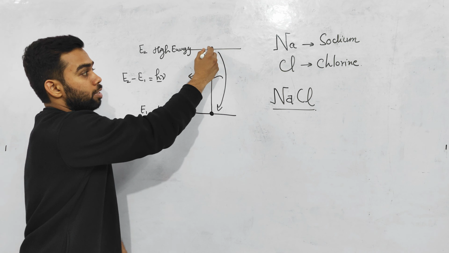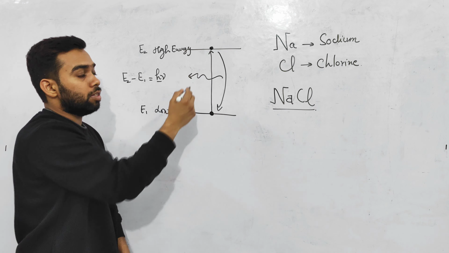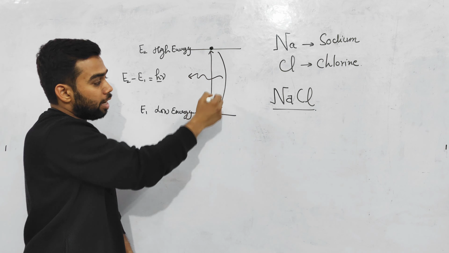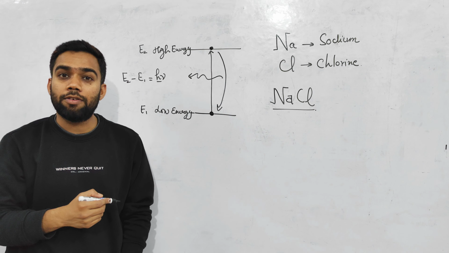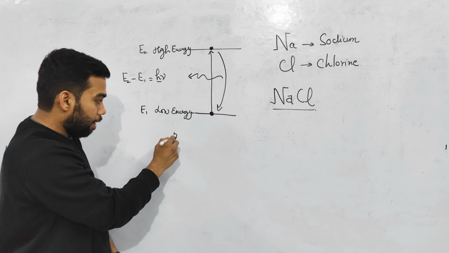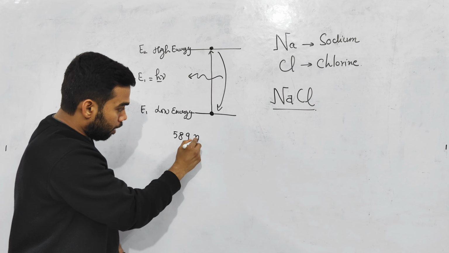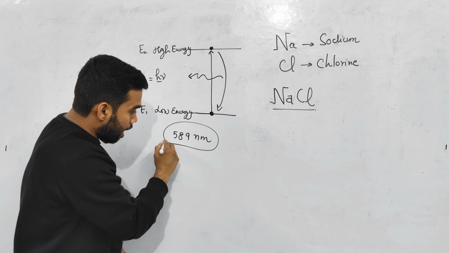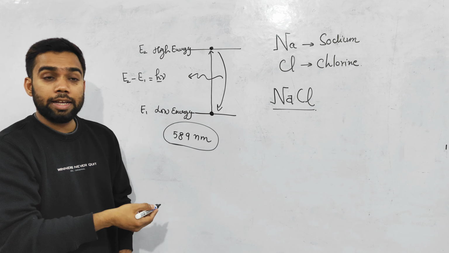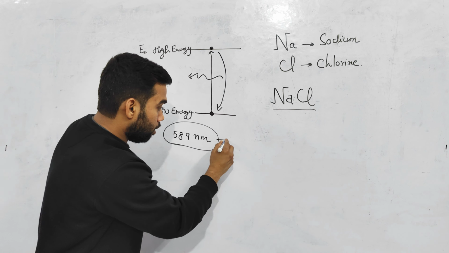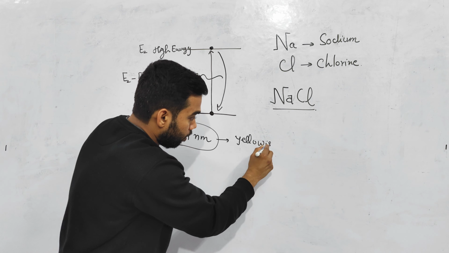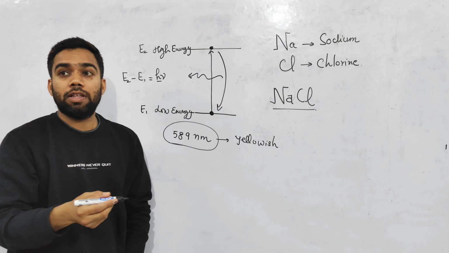The energy difference between the two levels of sodium is such that when the electron jumps from the excited state to the lower energy level, yellow light of wavelength around 589 nanometers is emitted, and when this wavelength enters our eye, it gives a yellowish appearance. Fine. Which we observed in the clip.